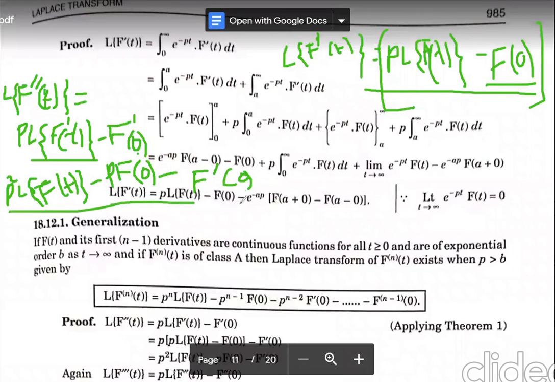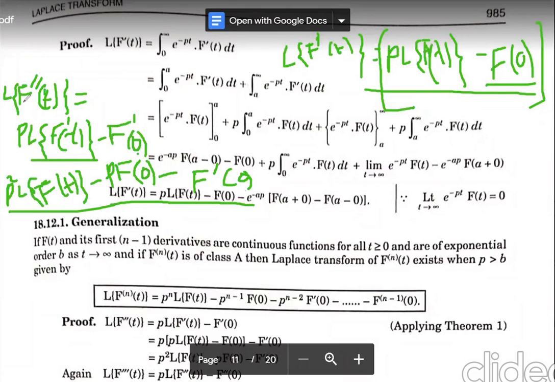Similarly, you can find the Laplace transform of third order, fourth order, fifth order, like this. So if you want to find the Laplace transform of nth order, see what chain you are getting from here. If it is a first order derivative, then the power of p is 1, so p times the Laplace transform of f of t minus f of 0.